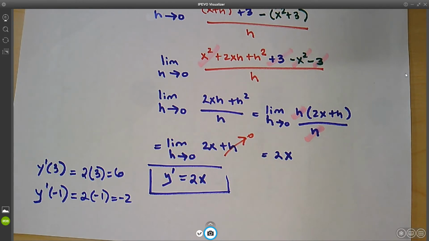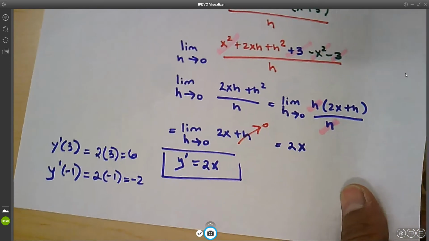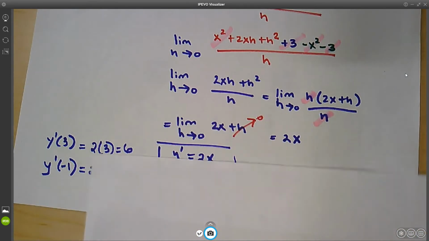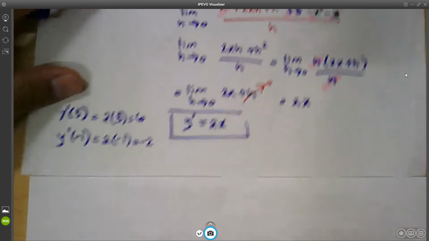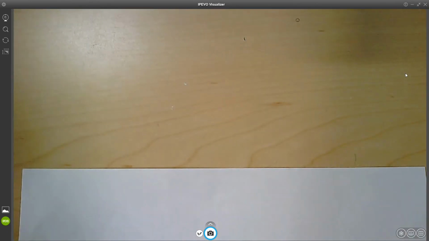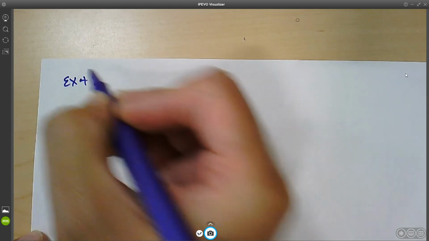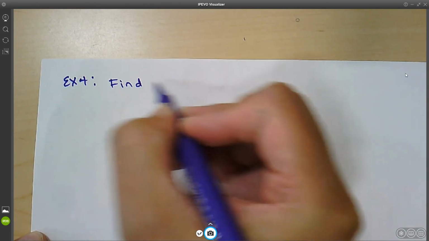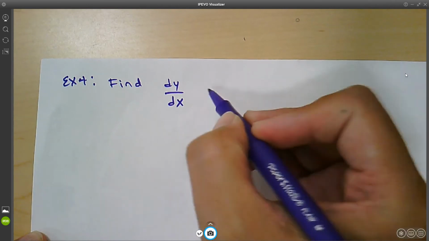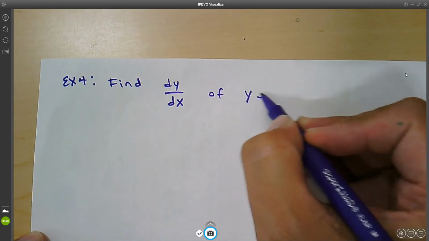Okay, we'll try a couple more, and then we'll see what else we want to get done. Let's do a harder one. Find dy dx of our y equation.